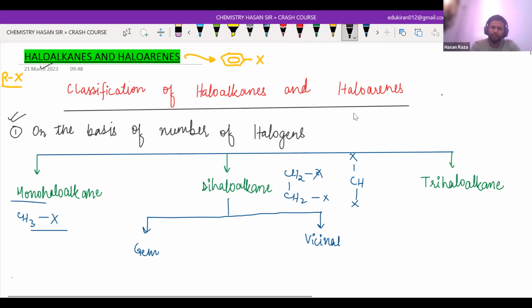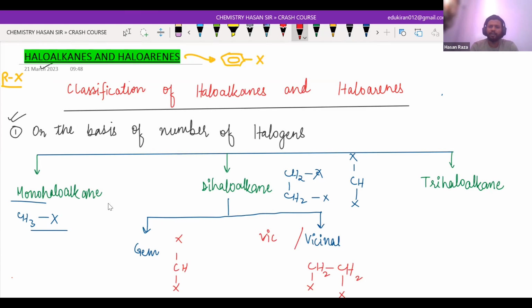Okay, yeah, that's good. That means if halogen is connected to adjacent carbon, that is your vicinal, and if halogen is connected to the same carbon, that is your geminal dihalide or gem dihalide. Is that clear?